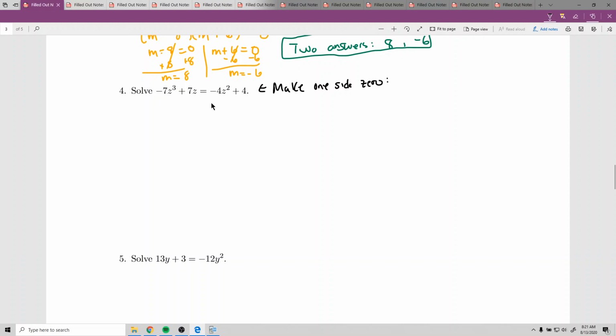So I'm going to add the 4z squared and subtract the 4 to each side to make 0 on the right. On the left, I'm going to do biggest power of z to the smallest. We got negative 7z cubed plus 4z squared plus 7z minus 4 equals 0.